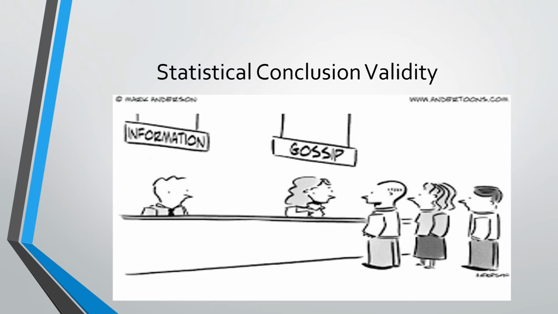There are some significant threats to statistical conclusion validity, such as low statistical power, violations of assumptions, reliability of measures, random irrelevancies in the experimental setting, and random heterogeneity of respondents.